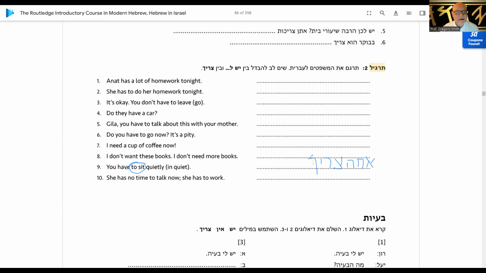And then in quiet would be like basheket. Yeah, that's better. לשבת בשקט? אתה צריך לשבת בשקט? Yeah, basheket. So in this one, we're going to use a bet.